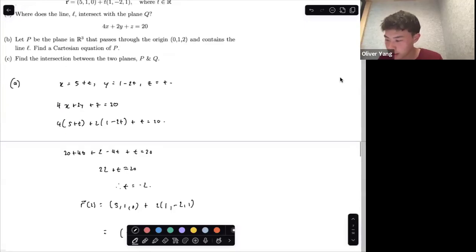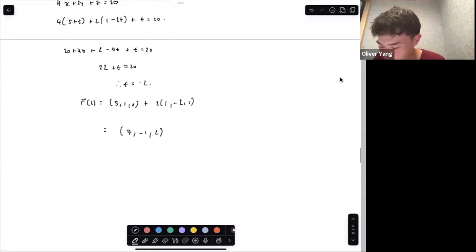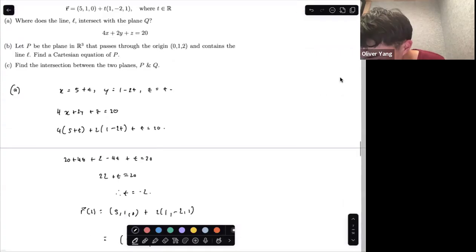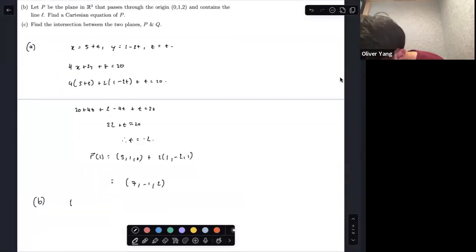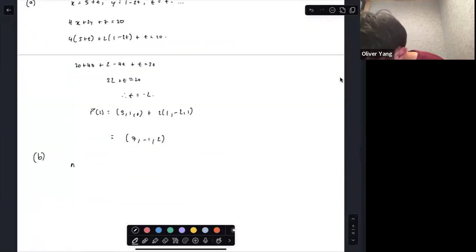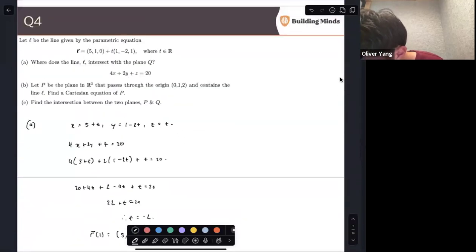Okay, so B, let's find the plane that passes through the origin at 0, 1, 2 and contains the line, and find the Cartesian equation. So we can use the direction vector of the line as a normal. So let's just say that normal equals 1, -2, 1.